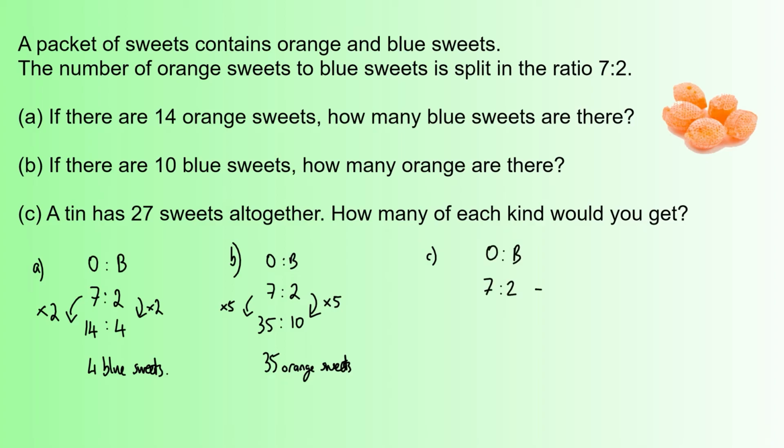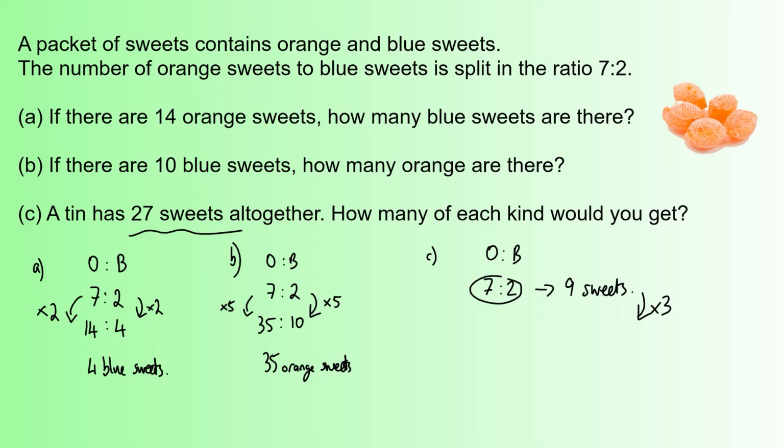What that means is that for every group of sweets, you're going to have 7 orange and 2 blue, so 9 sweets altogether. We're going to look at this in more detail when we go into proportional division. But if the question is telling us we have 27 sweets, that means we've got to have 3 times as much.